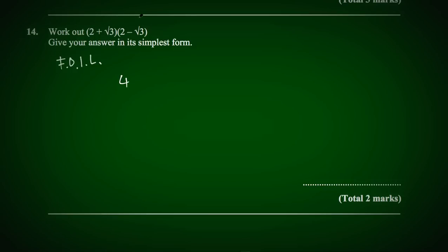Outsides, 2 times minus root 3 is minus 2 root 3. Insides, plus 2 root 3. And lasts, root 3 times by minus root 3 is the same as minus 3. The root 3's turn into a 3, and there's a minus sign in front of that. So plus 2 root 3 minus 2 root 3, those cancel each other out, and I'm just left with 4 minus 3, which equals 1. So the answer to that is just 1, the number.